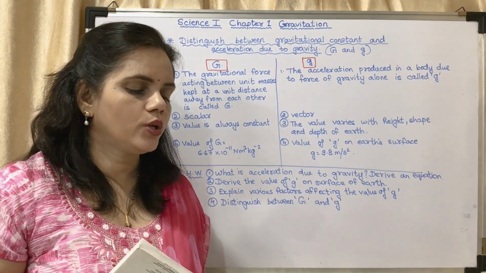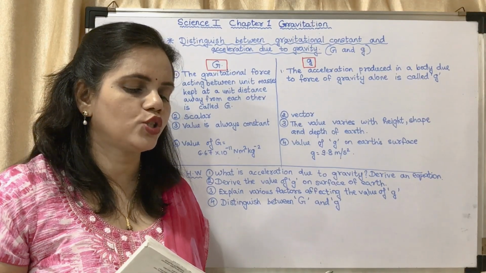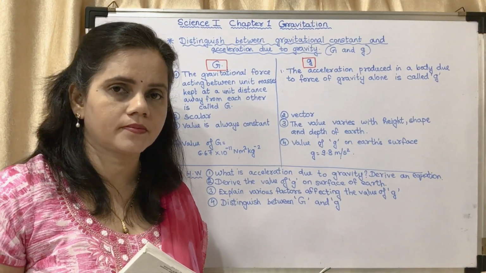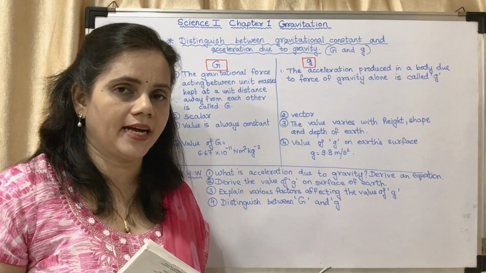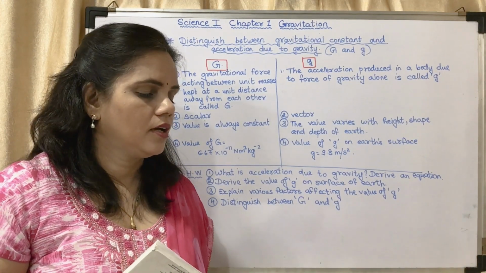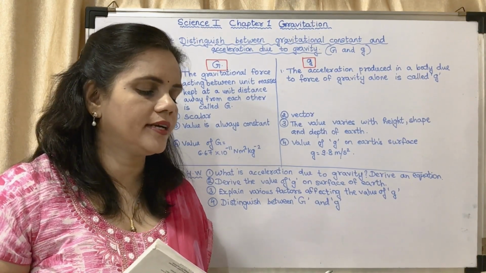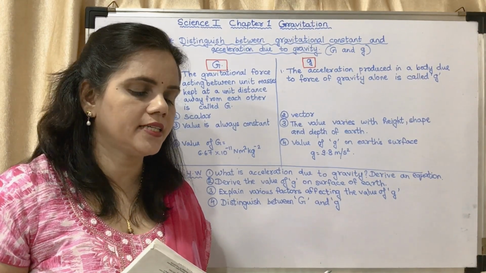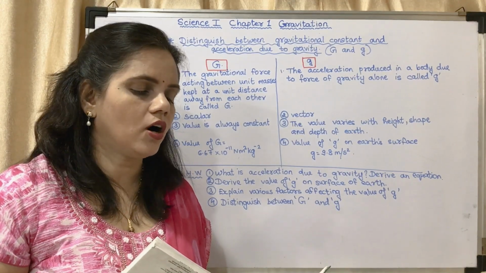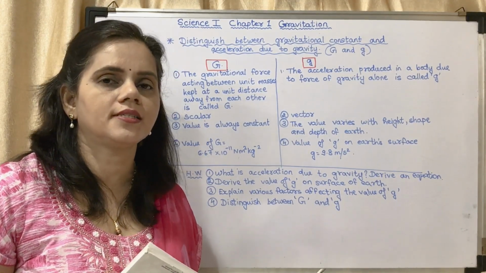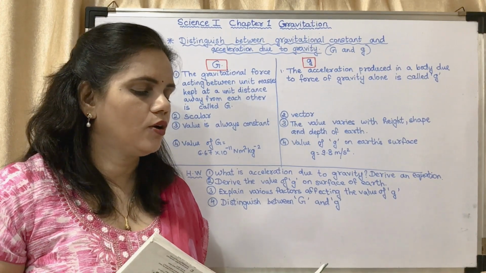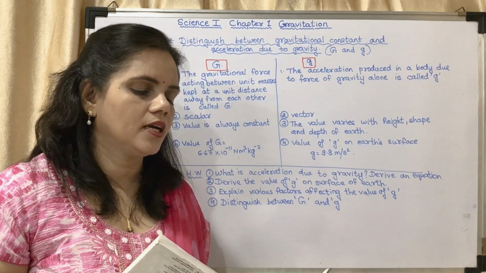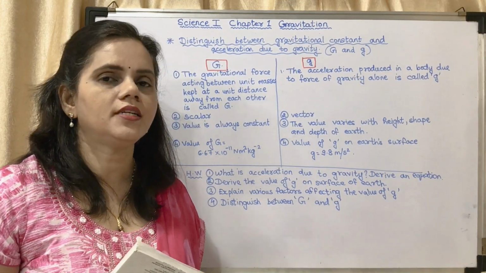Second question. What would happen if the value of g was twice as large? Okay, value of g means the force of attraction. If it was twice as large, I'll tell you the answer. Weight of the object would double, atmospheric pressure would increase, which all will lead to problems in survival.